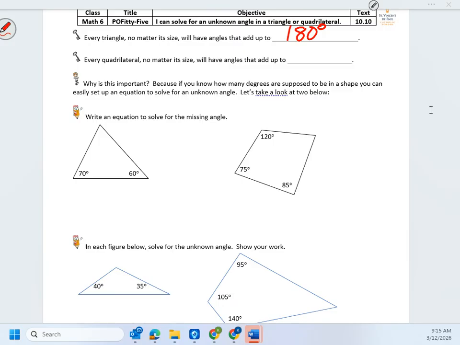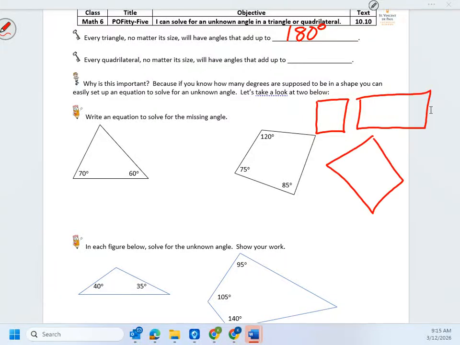No matter what that four-sided figure looks like, could be a square, could be a rectangle, a diamond, no matter what, we can always break that quadrilateral into two triangles. Always. A quadrilateral can always be split in half into two triangles.